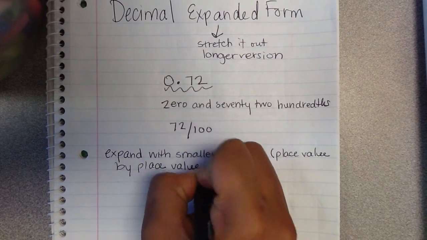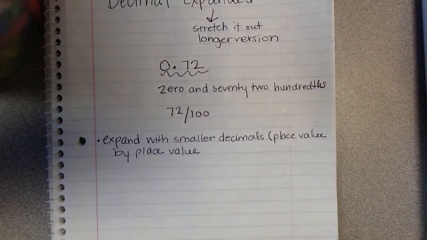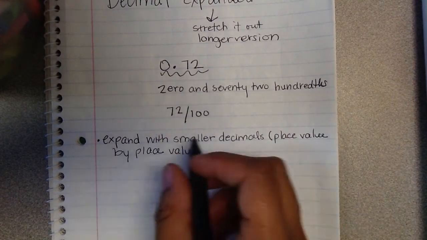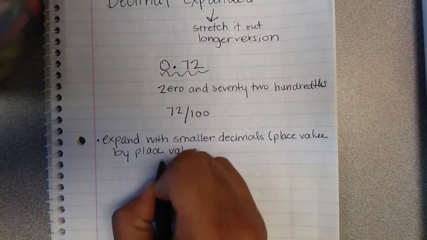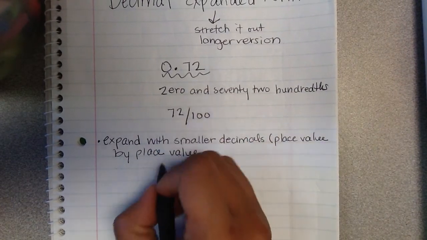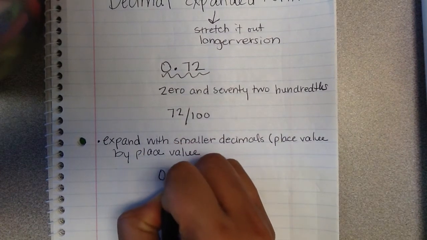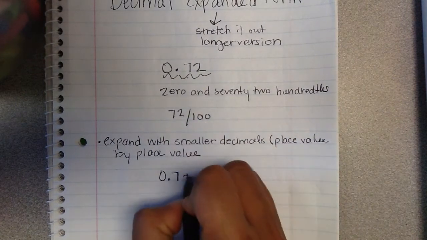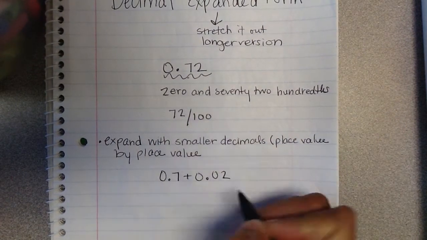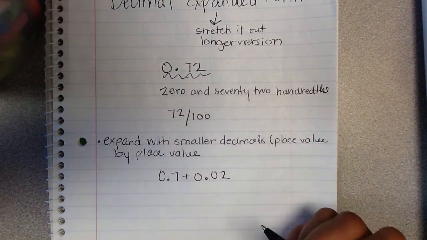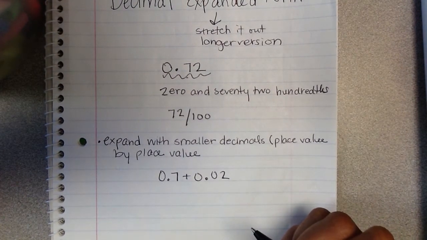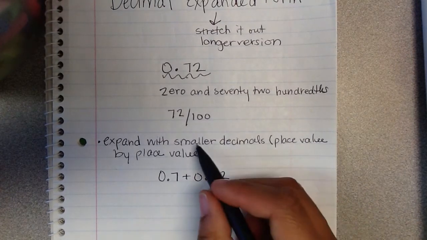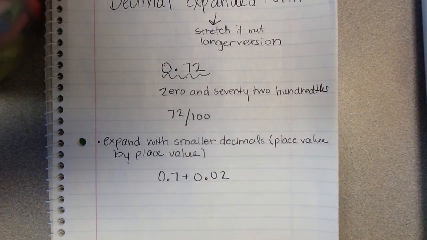Okay, that's our first way we can expand our number out, okay? And one way to do that is to take, for 72 hundredths, I could do 0 and 7/10 because there's a 7 in the tenths place, plus 0 and 2 hundredths. Now this is tricky because I have to make sure that 2 is in the hundredths place. I have to really pay attention to place value, okay? That would be a way to write the same decimal in expanded form when we do it with smaller decimals, place value by place value, okay?